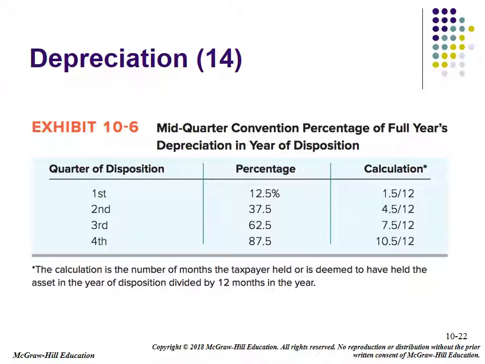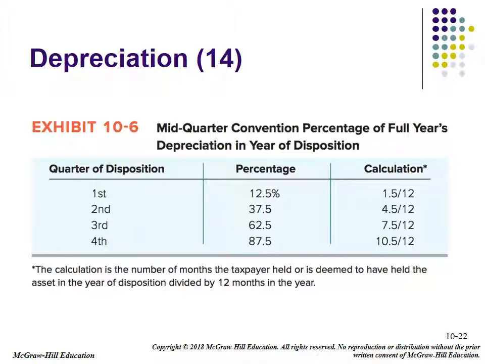Well, if you sell an asset in the first quarter, you're only allowed to take 1.5 months' worth of depreciation. So that would be 1.5 months divided by 12.